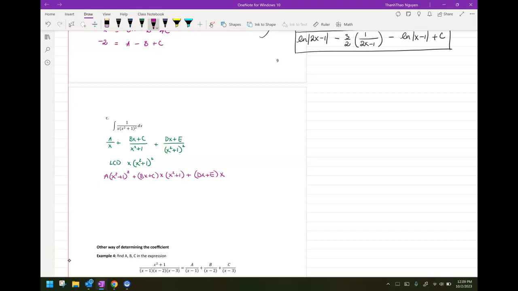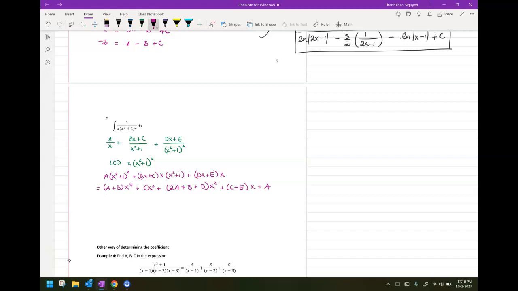I will multiply this out and combine like terms, and I will get a plus b times x to the 4th plus cx to the 3rd plus 2a plus b plus d x squared plus c plus e times x plus a.